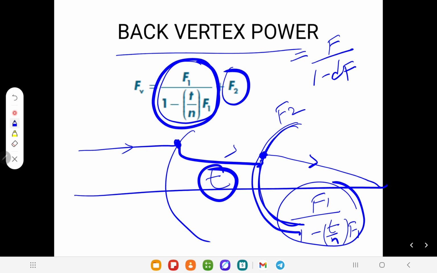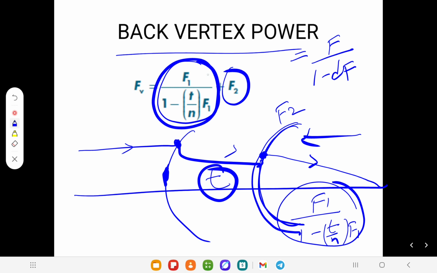For front vertex power, light travels from the opposite direction, because we calculate power at the front surface, not at the back surface. In this case, light first hits the front surface, then hits the back surface at last. That's why it's called back vertex power, because we calculate power at the back surface of the lens. So it's centrally important to understand what you mean by back vertex power.